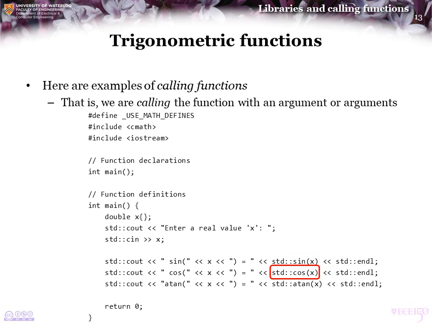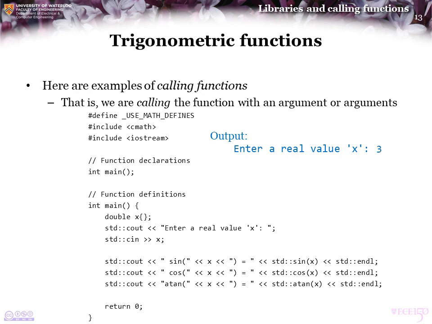Similarly, here we calculate cosine of x and the inverse tangent, or arctangent, of x. So if we were to compile and run this program, the program would query us for a real value x.